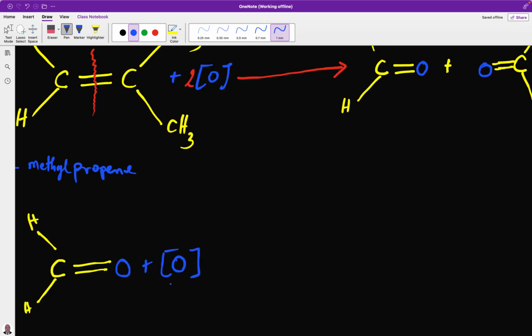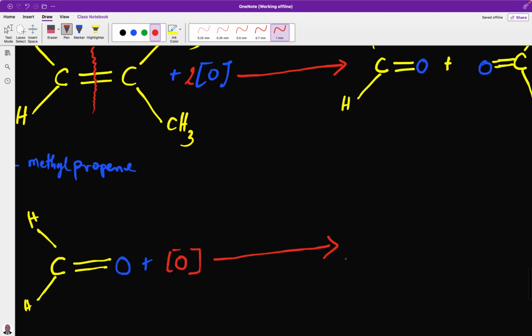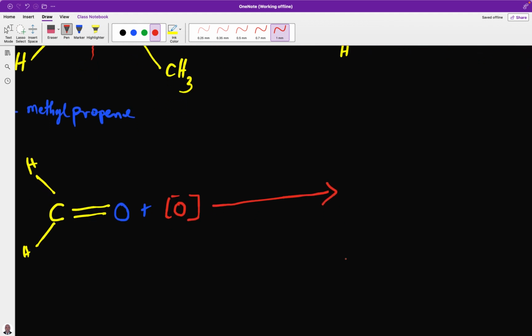This is the oxygen, again, from the oxidizing agent. And what will happen there? What will eventually happen here will be this.